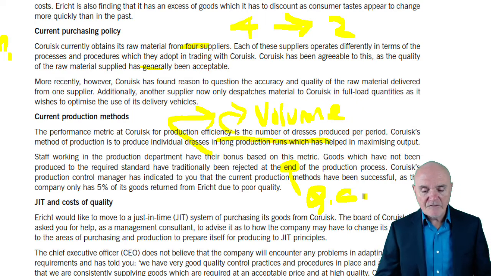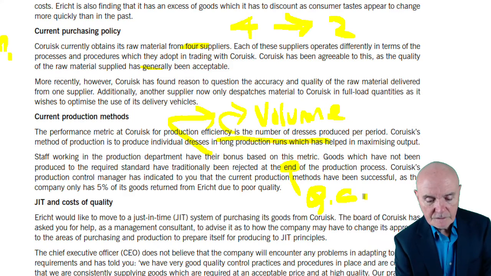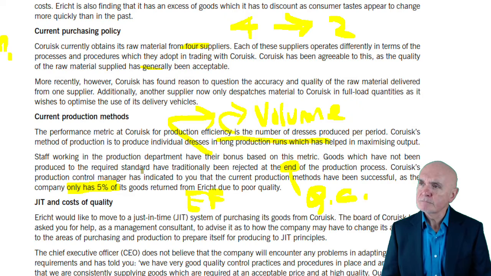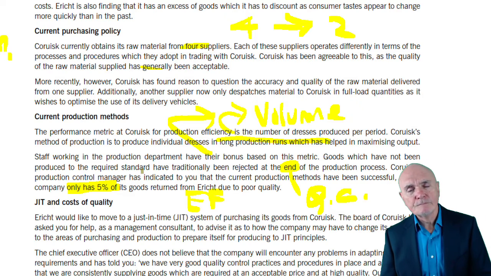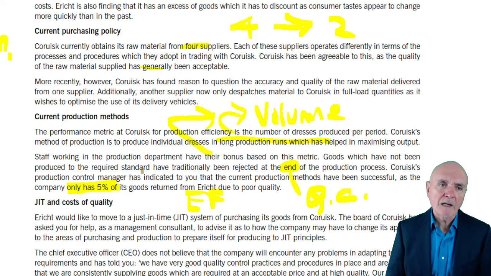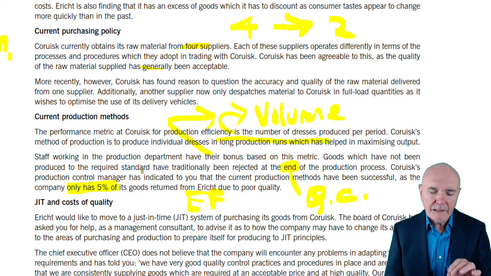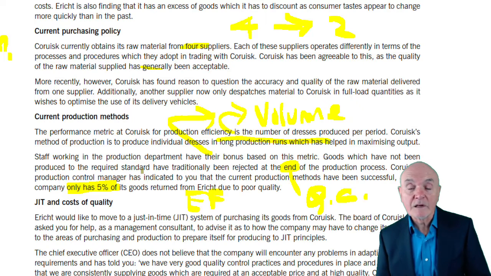The company has only 5% of its goods returned from Ericht due to poor quality. So that is external failure, really, isn't it? Only 5%. I would have thought 5% was quite high. I would certainly worry, although Ericht is our only customer, there's nothing in the question which says we are the only supplier.